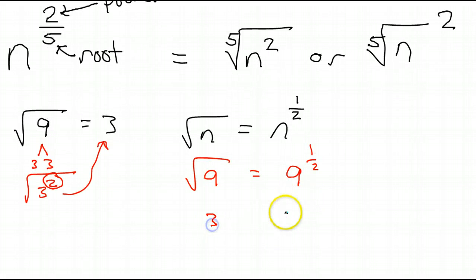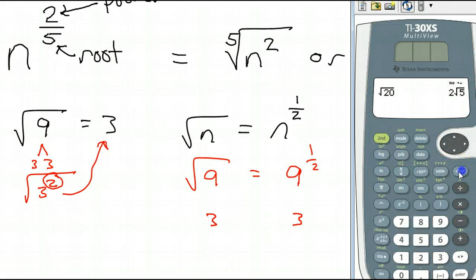Both of these should be 3. So if you take a look in a calculator, if we were to do the square root of 9, of course that's 3. Now if I do 9 to the 1/2 power, you see that that is 3 as well. Okay, so square root and 1/2 power are the same thing.